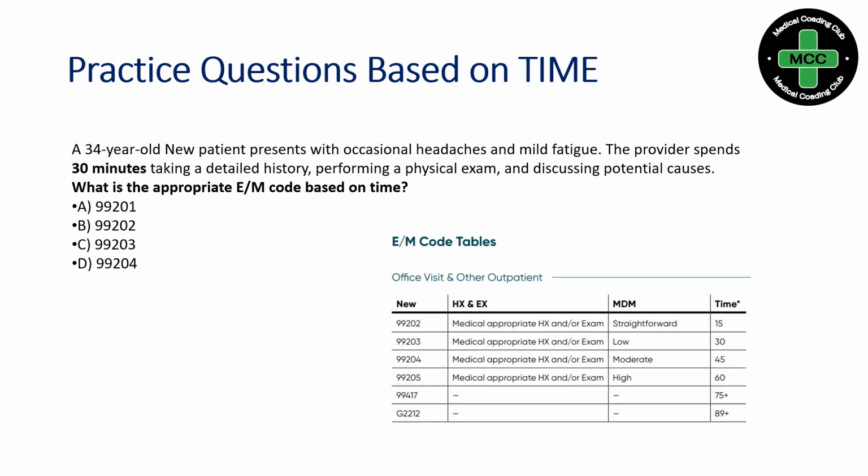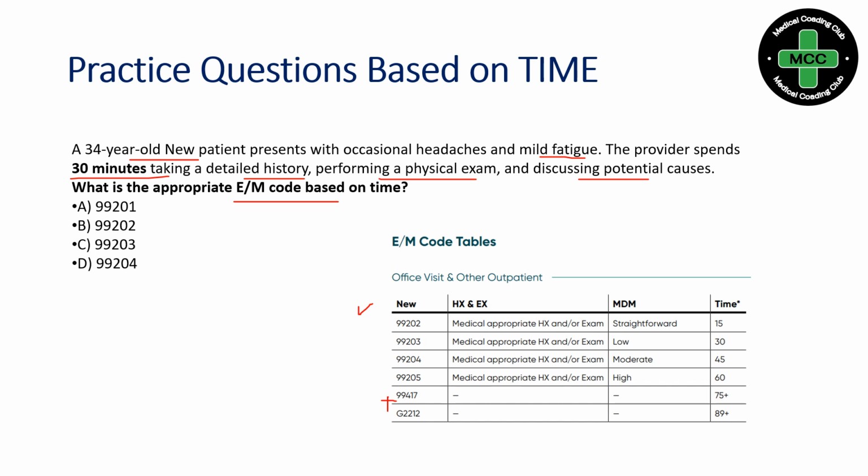So next question, a 34-year-old new patient presents with an occasional headache and mild fatigue. The provider spends 30 minutes taking a detailed history, performing a physical exam and discussing potential causes. What is the appropriate E/M code based on the time? So 30 minutes, new patient. I have added the new patient codes here, you can check. New patient codes 99202, 203, 204, 205 and prolonged care codes.